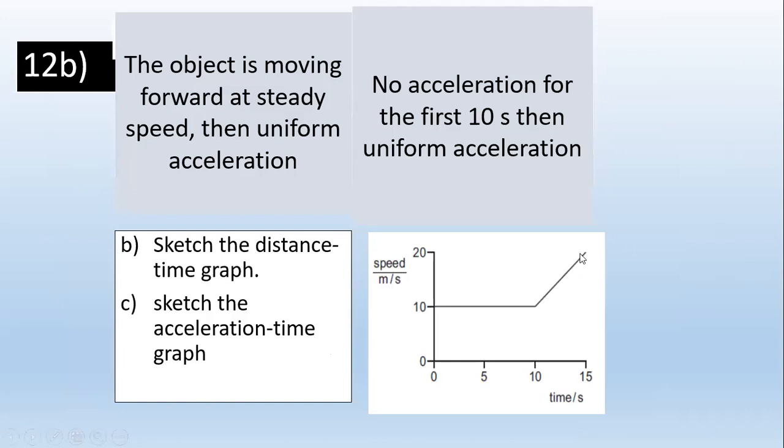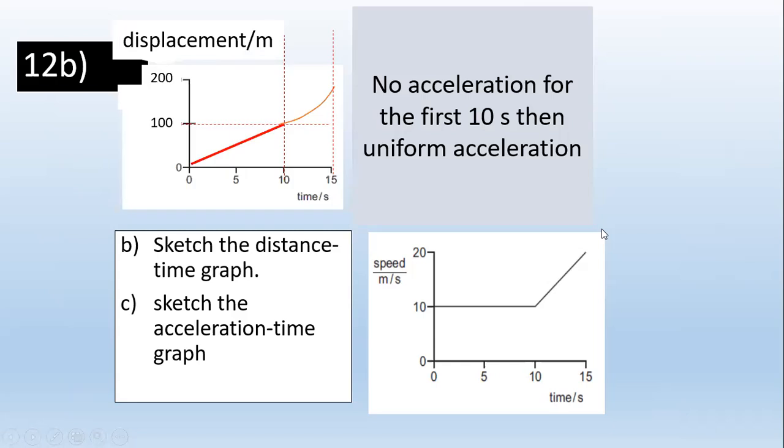Then after that, uniform acceleration. Okay. So your distance time graph or displacement time graph is still moving forward. So this part is a straight line, uniform speed. After that, accelerating, it should be a curve.